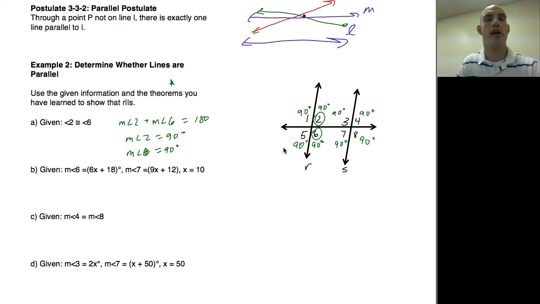So what does that tell me? If everything is congruent, then all of those theorems are true, because not only are corresponding angles congruent, therefore they're parallel, alternate exterior angles are congruent, so they're parallel, alternate interior angles are congruent, so they're parallel, and also same side interior angles are supplementary.